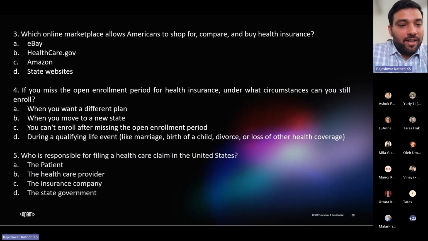Coming on to the final three questions. Which online marketplace allows Americans to shop for, compare, and buy health insurance? We have eBay, healthcare.gov, Amazon, and state websites.